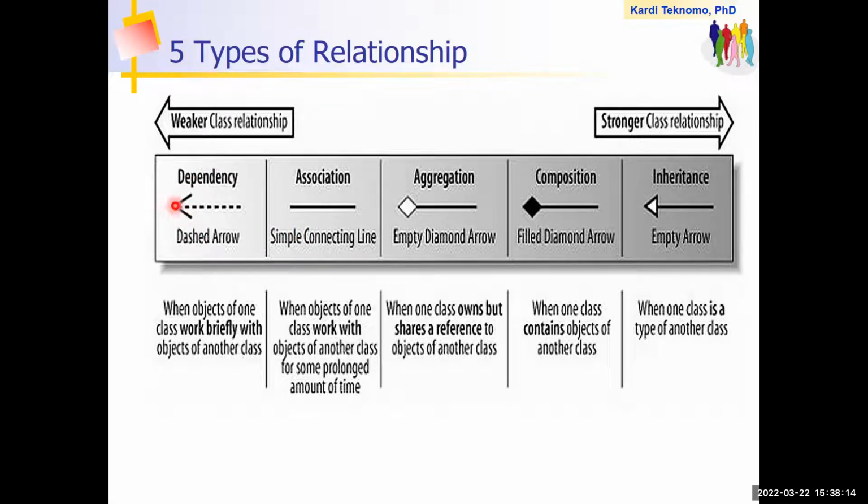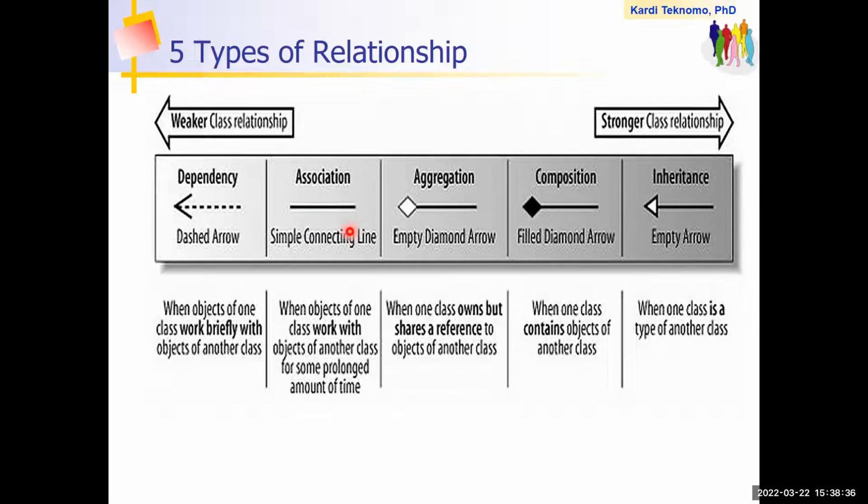So if you want two objects to work together briefly only, you draw an arrow with a dash. Now, if one object of one class works with another object, you draw an association.